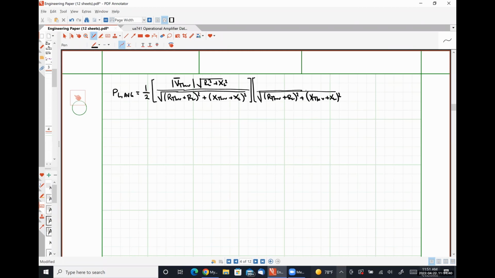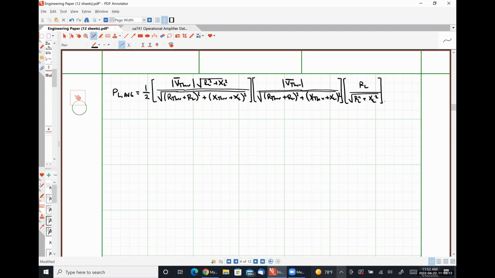My numerator is just going to be the magnitude of V Thevenin. And then finally, cosine of theta V minus theta I, as we found out a few moments ago, is simply RL divided by the square root of RL squared plus XL squared.